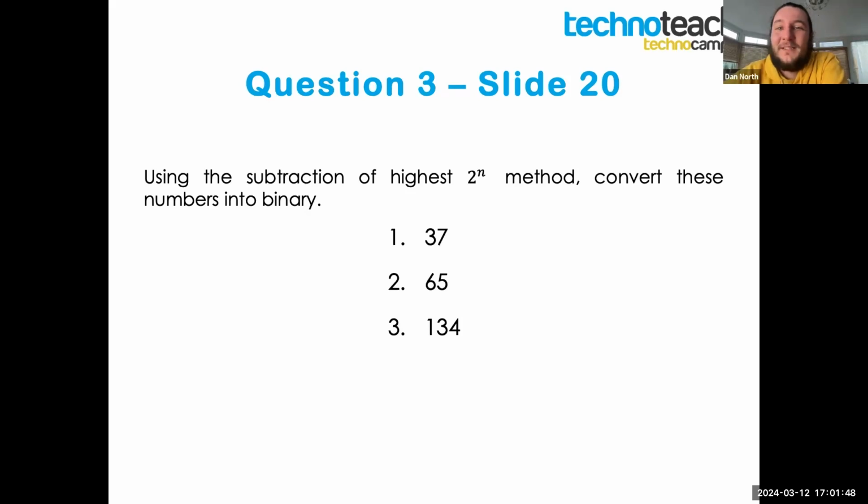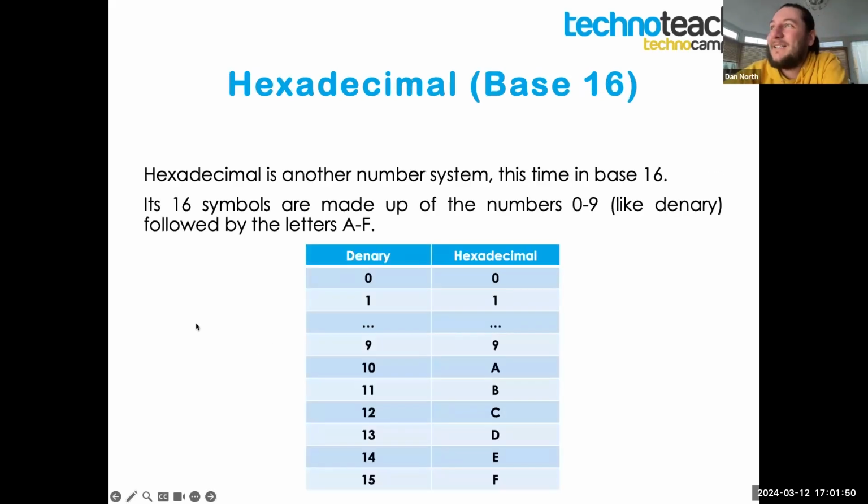Okay, so hexadecimal. It's another number system. This time it's base 16, so it has 16 symbols.